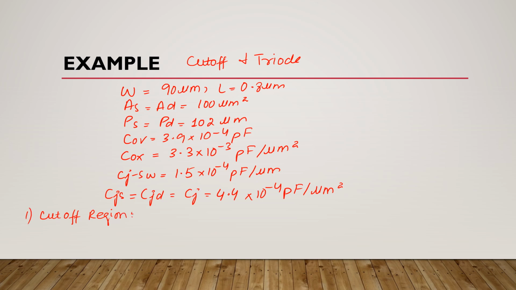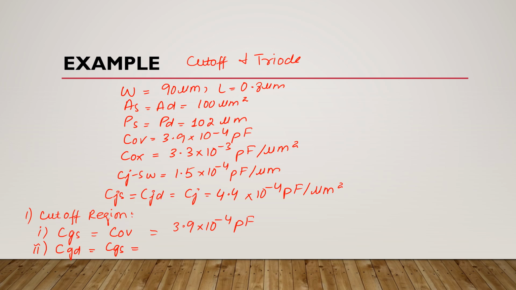We know that in cutoff region gate to source capacitance is equal to overlap capacitance. It means here this gate to source capacitance is 3.9 into 10 raised to the power minus 4 picofarad, and here in cutoff region gate to drain capacitance is equal to gate to source capacitance.